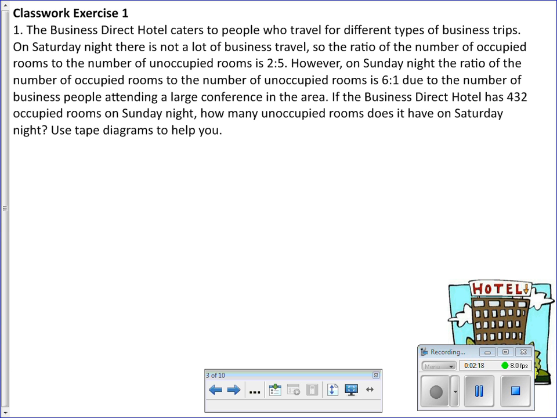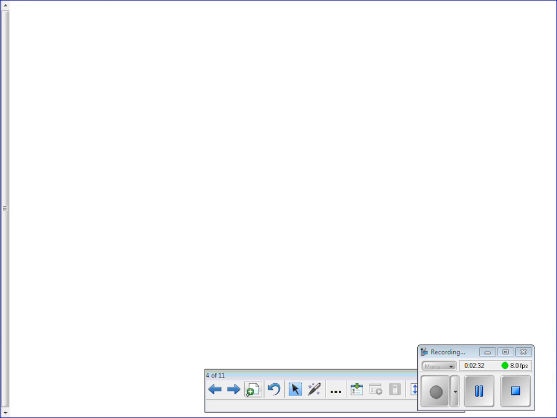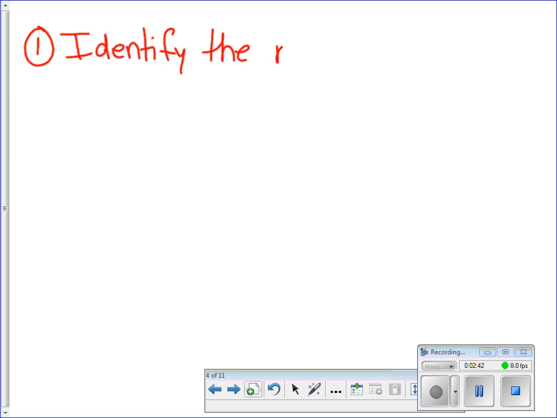What is step 1 in solving these problems? Look at your notes from yesterday, your Post-it or your piece of loose leaf paper where you wrote down your notes yesterday. What did we say step 1 was? Identify the ratio.